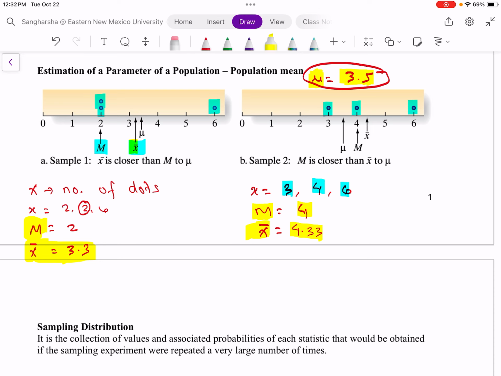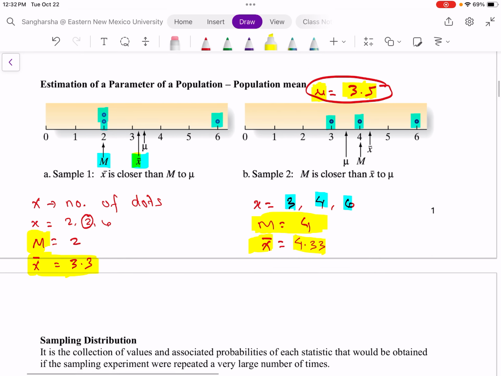Is 4 near to 3.5 or is 4.33 near to 3.5? 4, right? So here our median is close to the population mean.